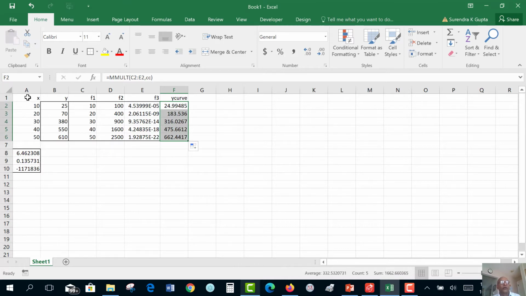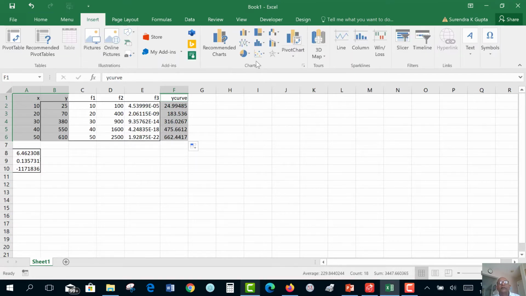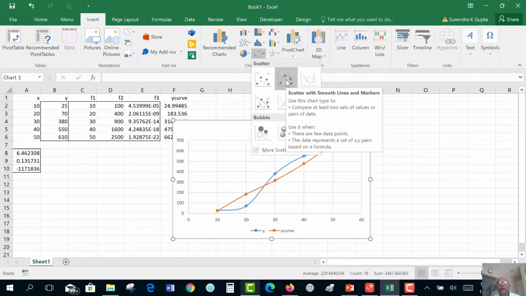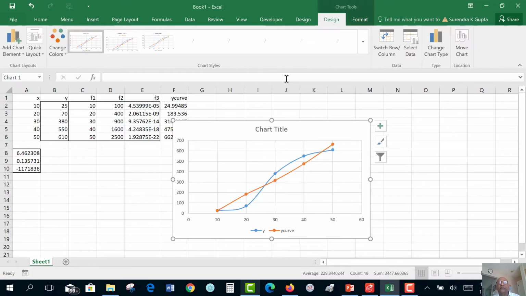So now what we can do is plot X, Y, and Y of curve. So we are going to go insert an XY chart. Let's say we want data and smooth curve. So this is our curve.